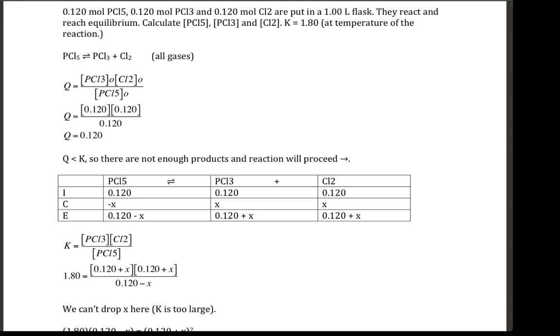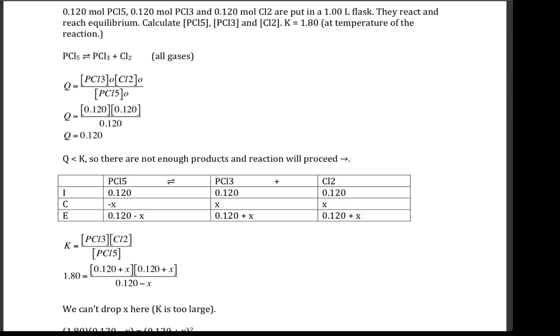Since we have amounts of all reactants and products, we can't just initially know which way the reaction goes. If one of those were 0, we would know the reaction would have to go toward it, and we'd be able to assign the plus and minus x's. But if we have everything to start with, we can't say right off.